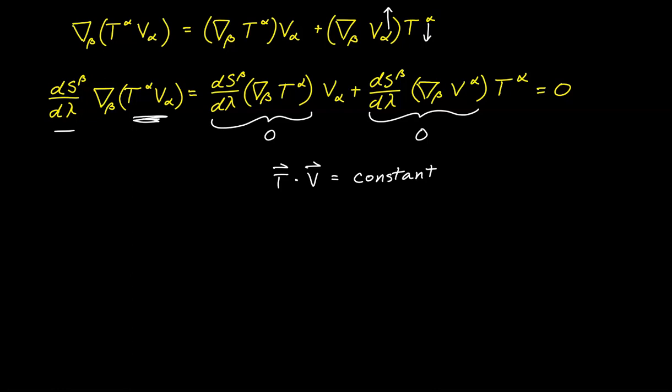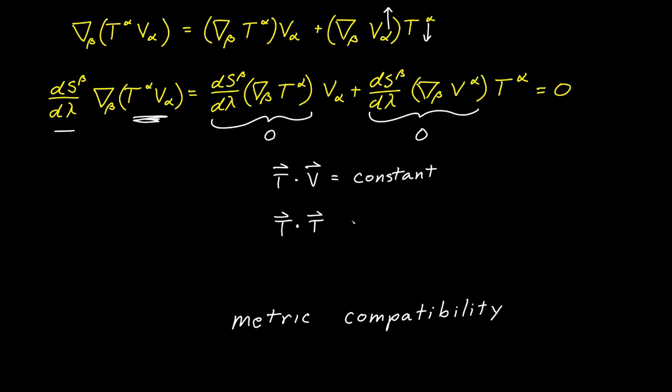Now, what this means is if we parallel transport two vectors at the same time along the same curve, the dot product between those two vectors will remain constant throughout the whole process. And that property is known as metric compatibility. Now, of course, since this property is generally true, it would also be true that the dot product of T with itself is a constant.